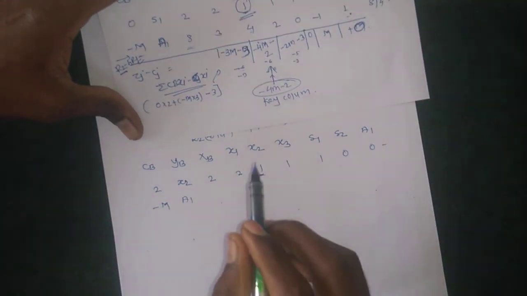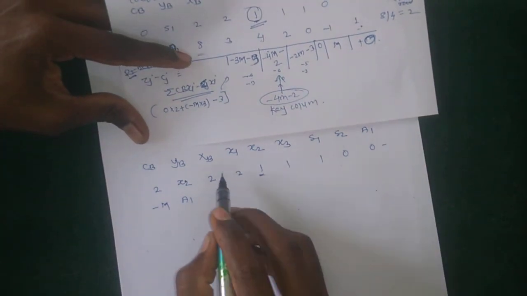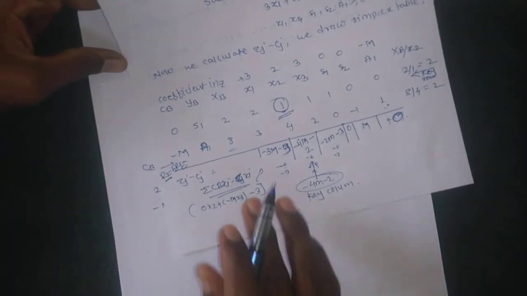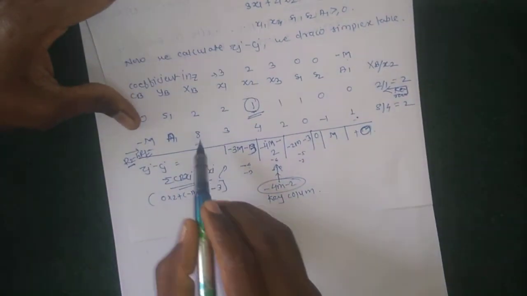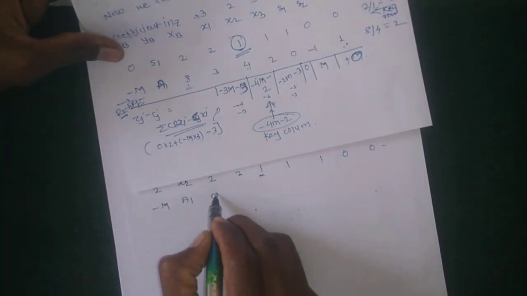So the operation is old R2 minus 4 new R1. 8 minus 4 into 2, 8 minus 8, 0.